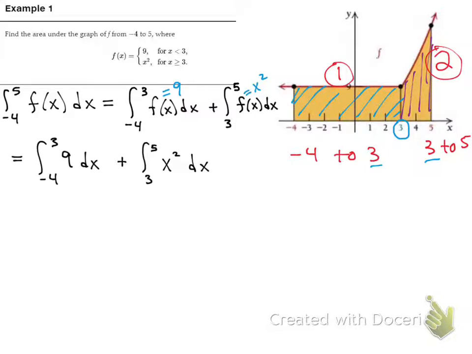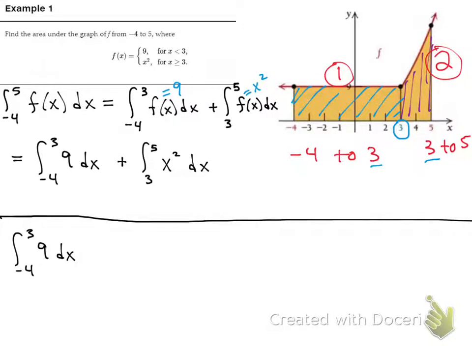And now I can simply start evaluating each of these integrals. If you want to, you can evaluate each integral separately and then plug in the answer you get, which may be a good idea. Or you can just calculate it all together. So maybe I'll just go ahead and pull each integral out and calculate it separately. So first let's look at the integral of 9 from -4 to 3.